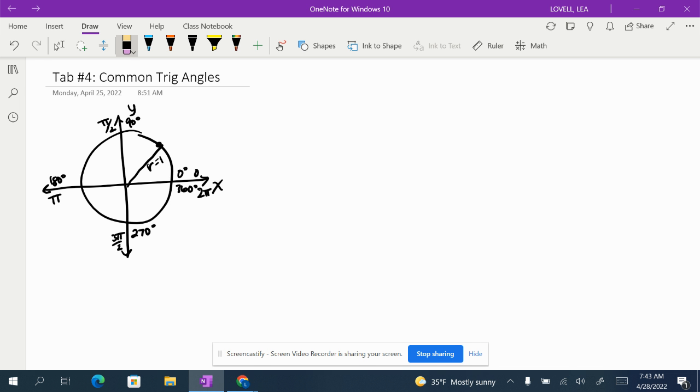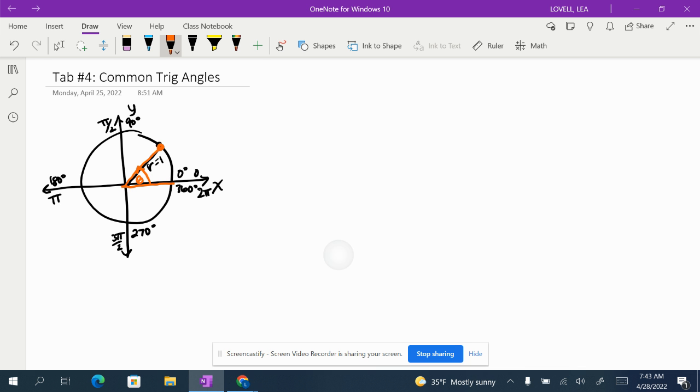How do we navigate the unit circle? We navigate the unit circle by rotating theta degrees or radians from the initial side. I start at the initial side, where the angle starts, and I rotate theta degrees this way. The terminal side of the angle, the other side of the angle, intersects the unit circle at a point.